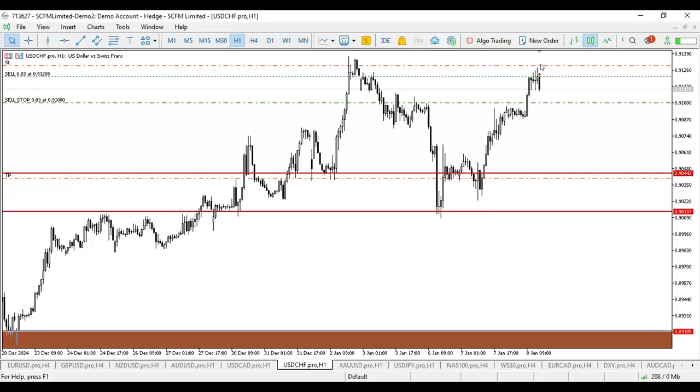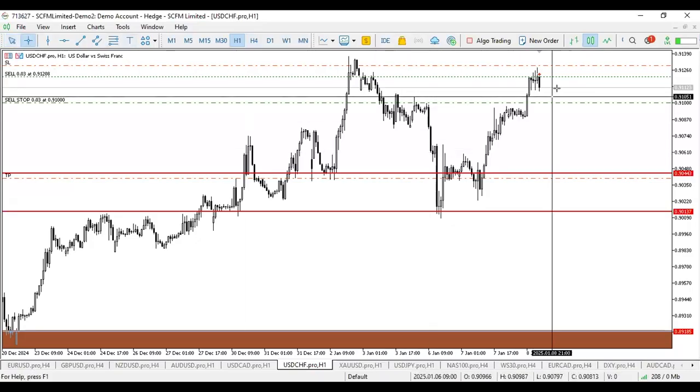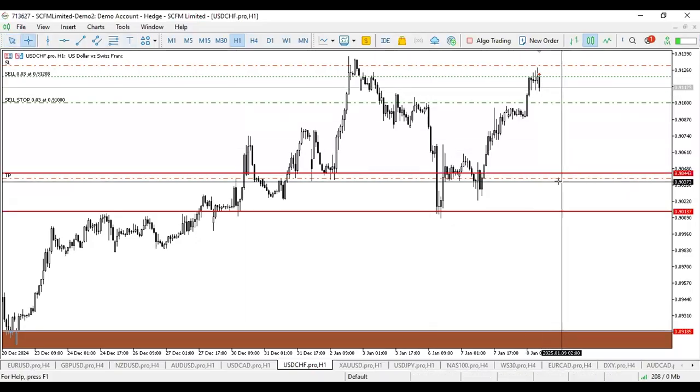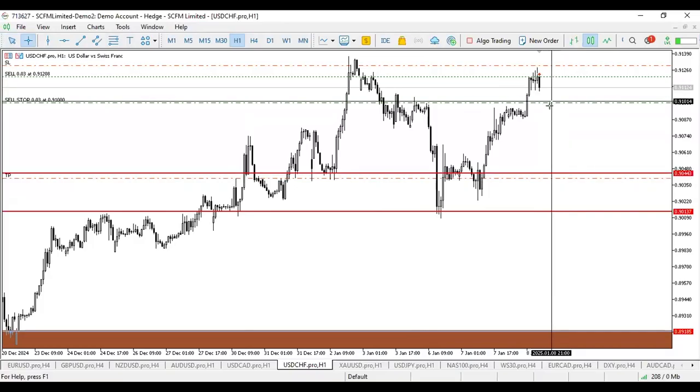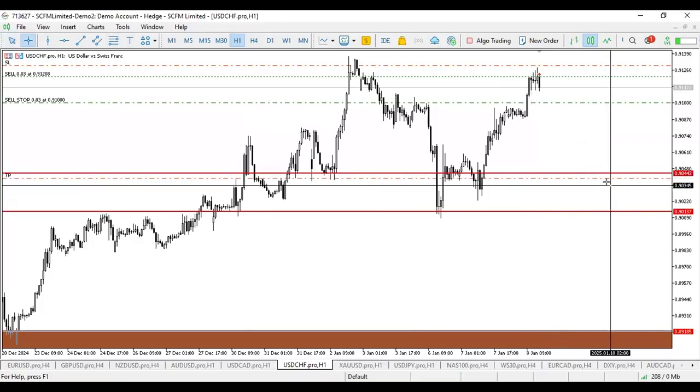A take profit is more of a target. In this example, if price drops all the way to this area, you can see here you have a TP, this is a target. If price comes all the way to this area, it will close out my positions in profit. Each trade you take must have a target, because price will not just keep going up or down the whole time.